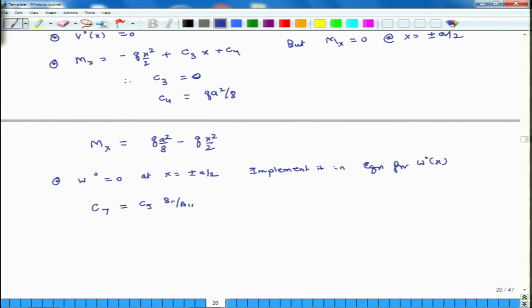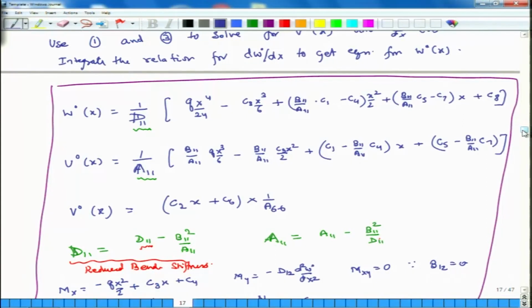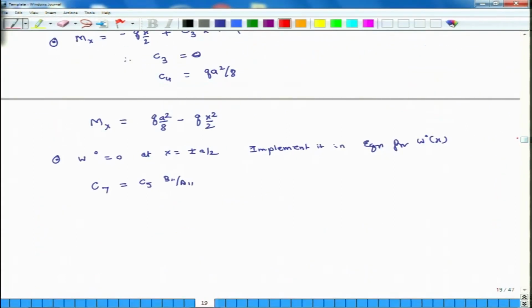This is one condition we get, because when we implement this condition in the equation for W, this term has to be 0. And C3 is already 0, so that term also goes away. The other condition we get is C8 is equal to 5 Qa4 divided by 384.